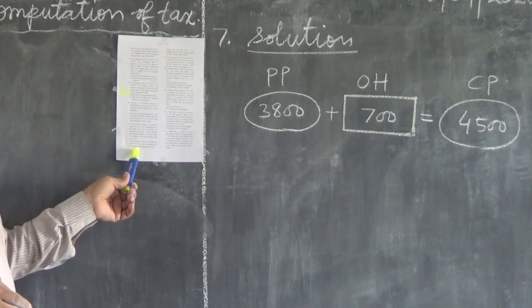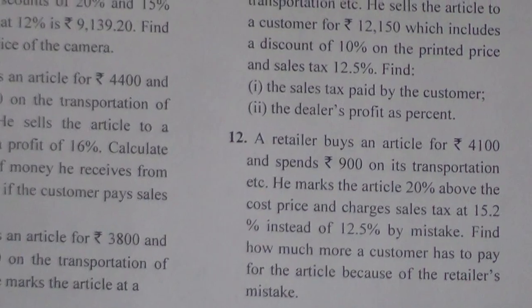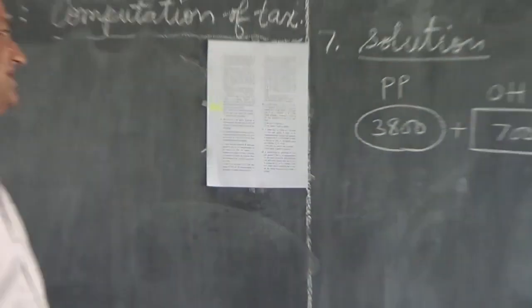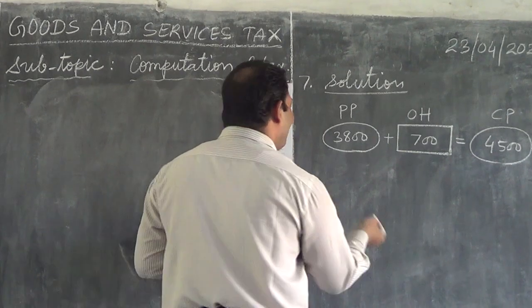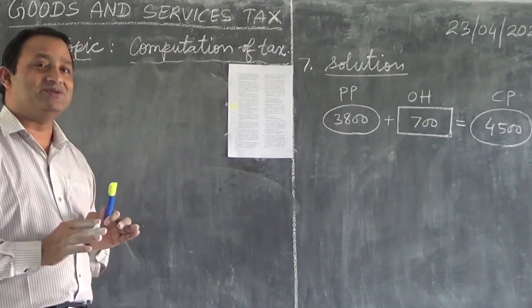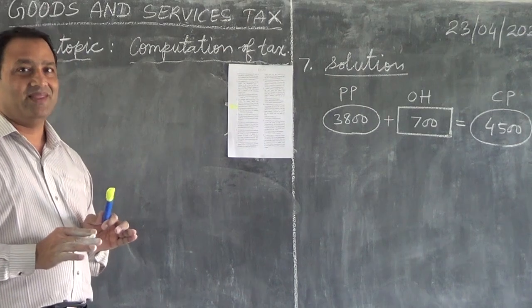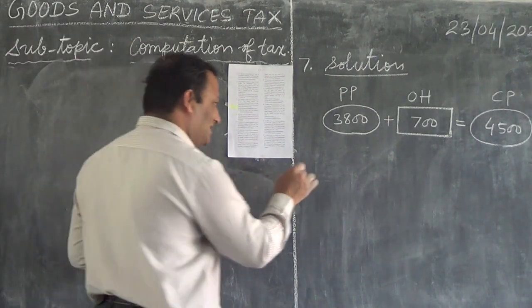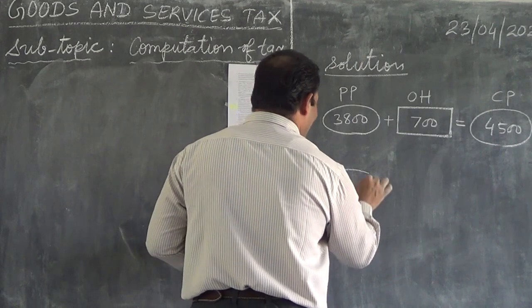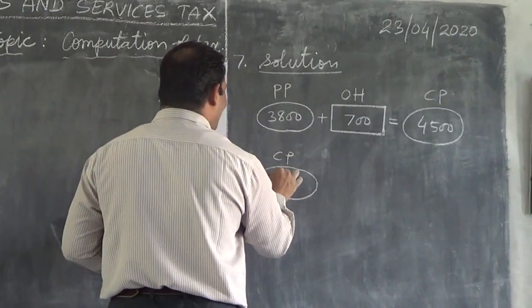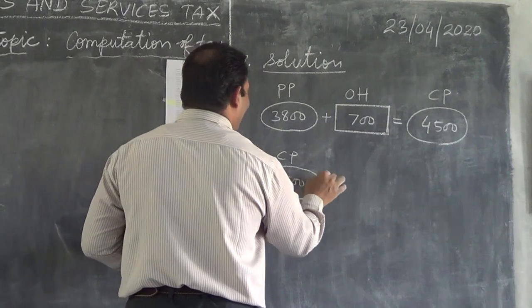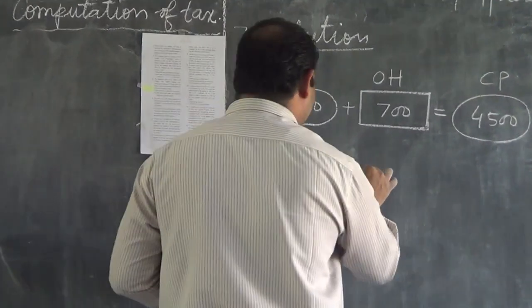So after buying the article, what did the trader do? He marked the article at a certain price. At what price? After cost price, what does the shopkeeper do? Cost price was 4,500 and something he has to add.